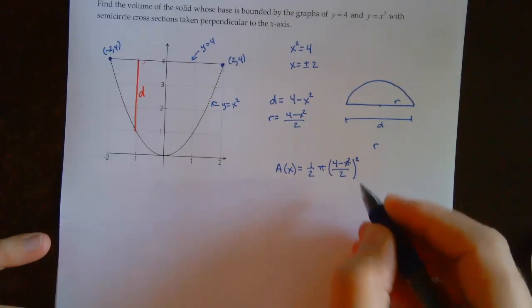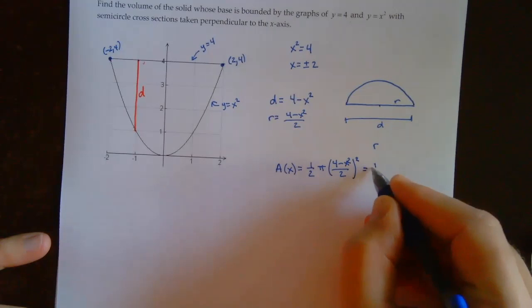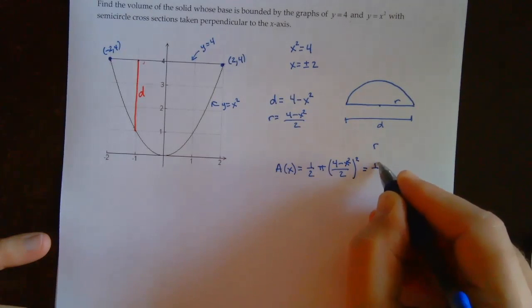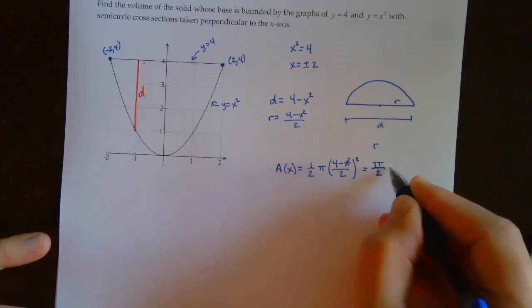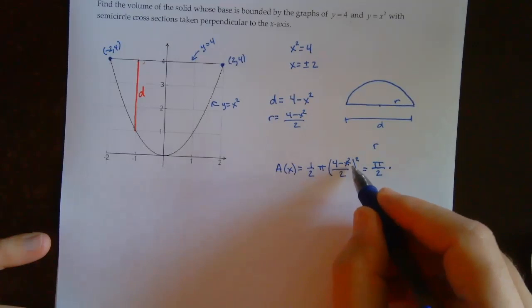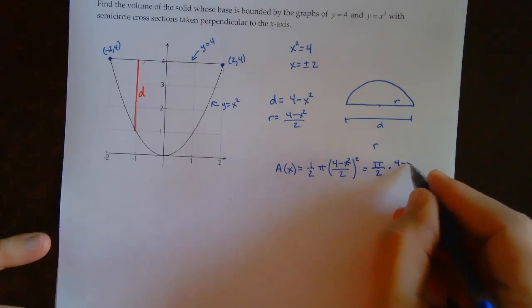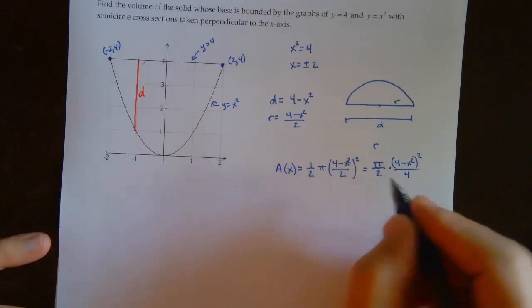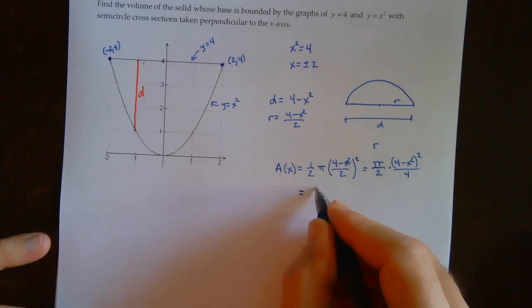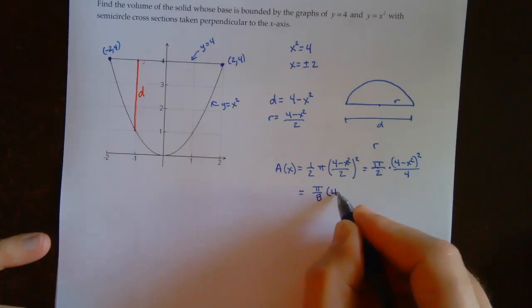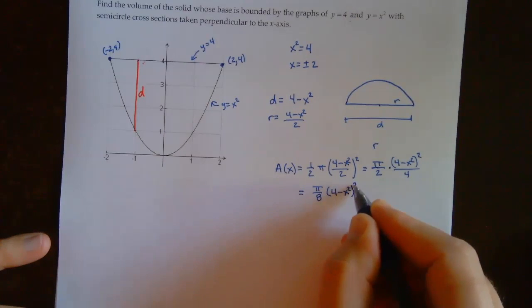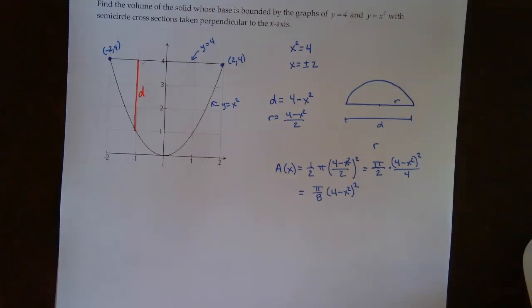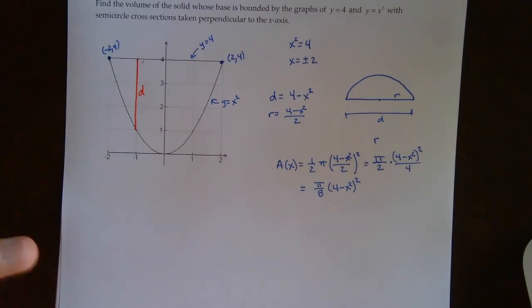So this is equal to pi over 2 times 4 minus x squared over 2 squared, which would be 4. And so the area function becomes pi over 8 times 4 minus x squared squared. Okay, so now we're ready to do the integral.